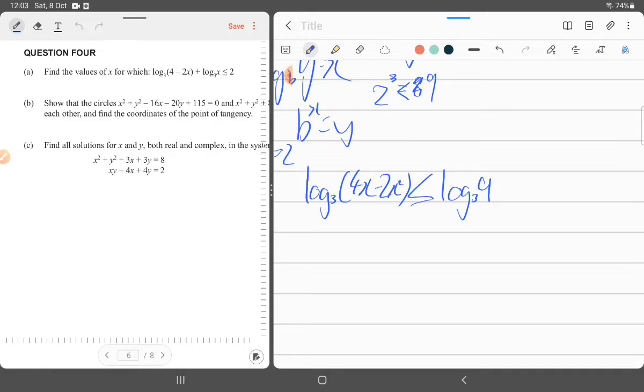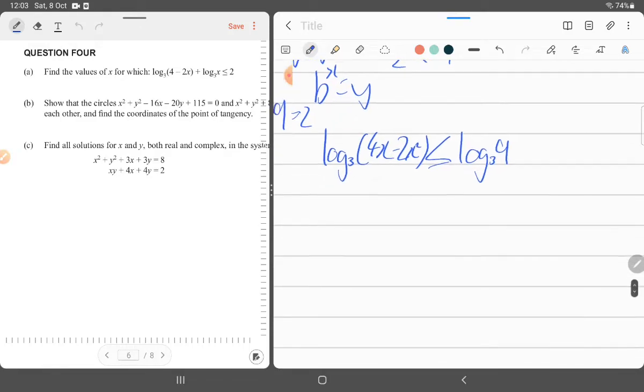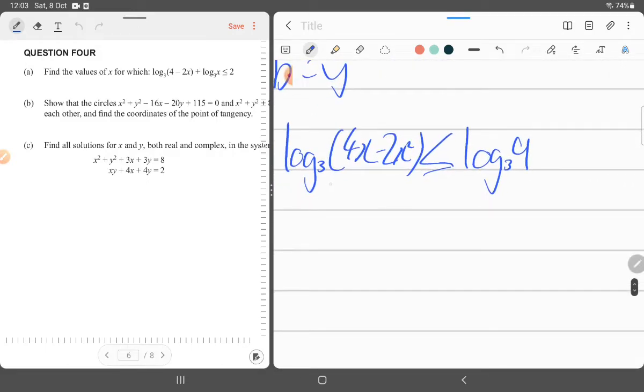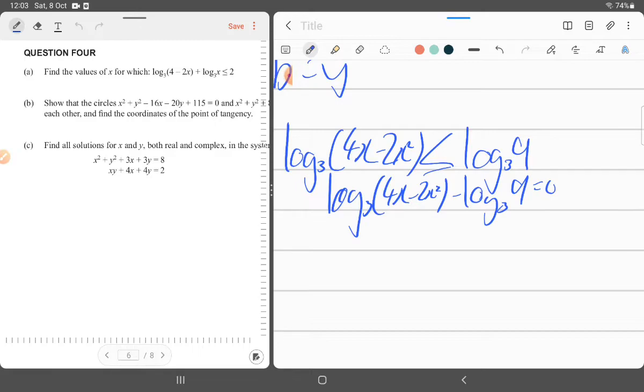Then we can take log base 3 of 9 from both sides. Log 3 of x squared take away log 3 of 9 is less than or equal to 0.